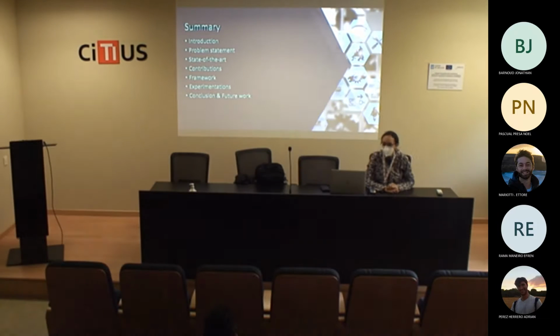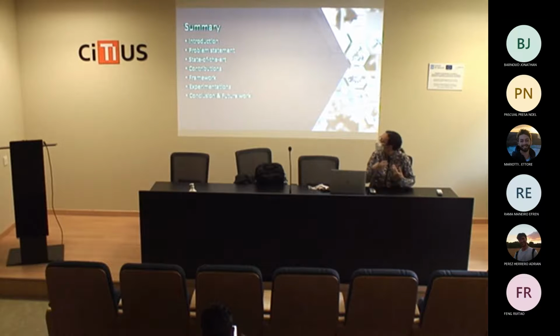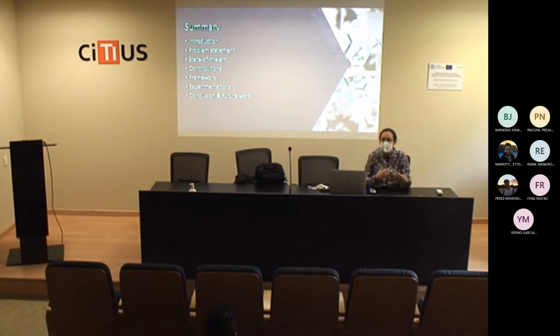So I'm gonna start by making a brief introduction on the usage of this soft linear object and why they are useful within robotics. And then I'm gonna explain in a more specific way the problem statement and how it is solved within the state of the art and what our contribution is with respect to that, of course.